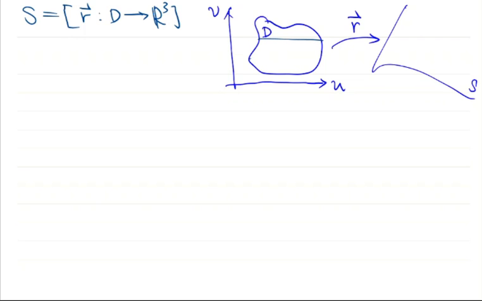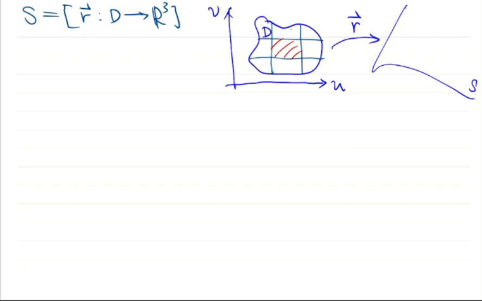Using lines parallel to the coordinate axes to divide D into small pieces, we consider a rectangle R contained in D. The rectangle is this red one.